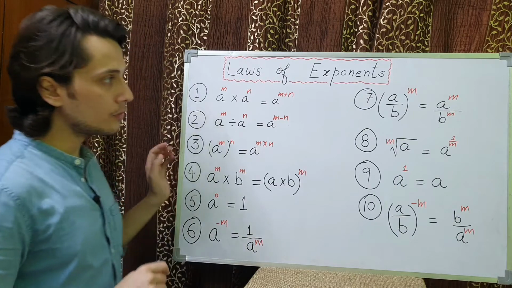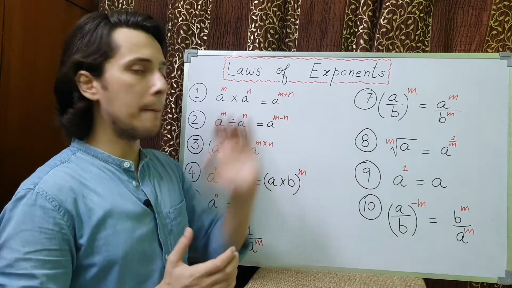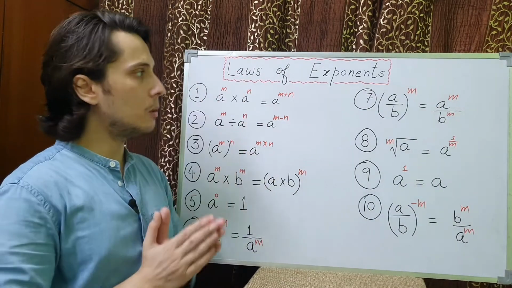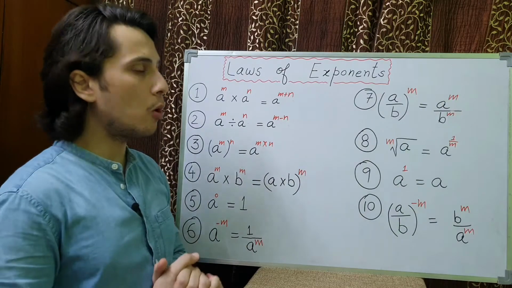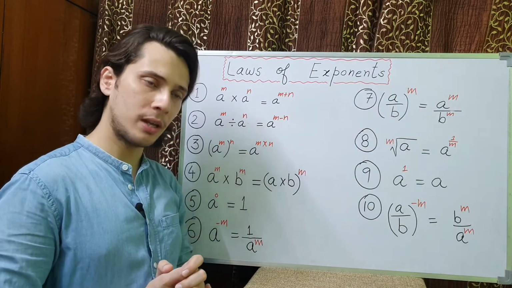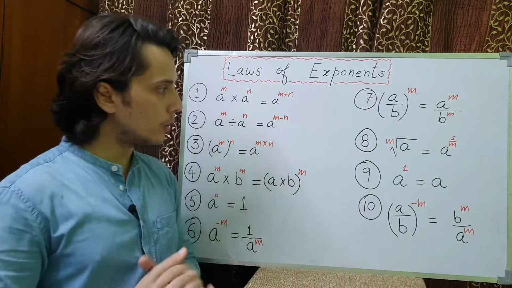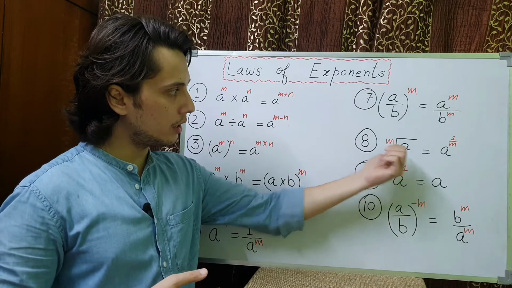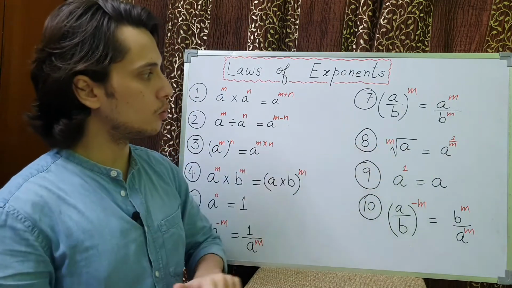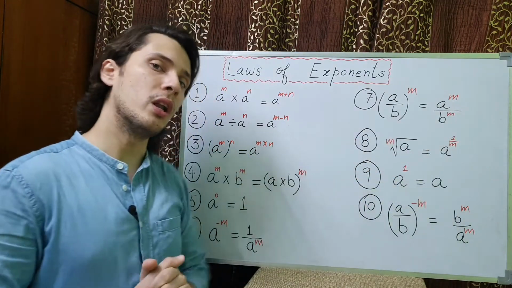The next law is a upon b whole power m. It means that the power is taken to both the bases a and b separately. Now this thing is called surds, root. Whenever it is written like root a and the power is like m, you can cancel the root and write it this way, like a raised to the power 1 upon m.